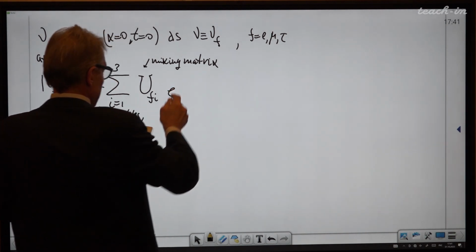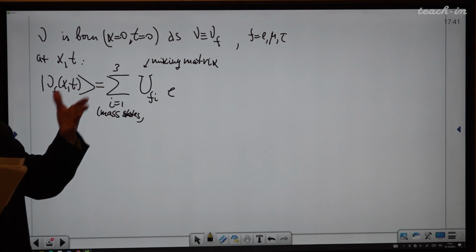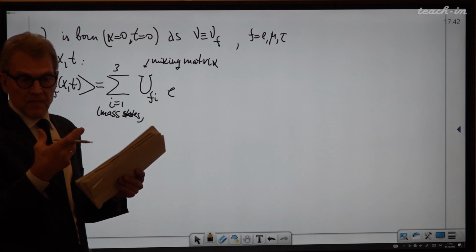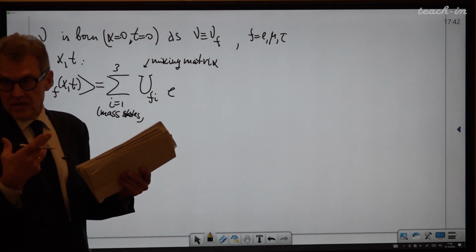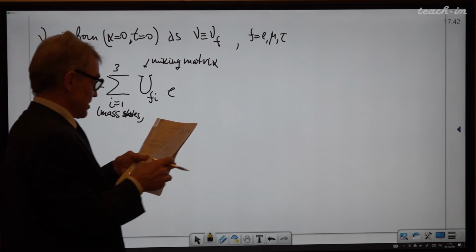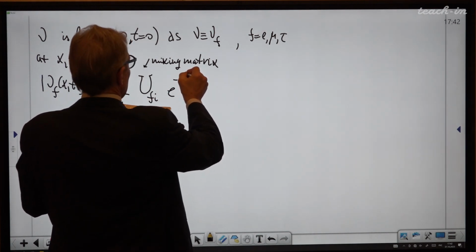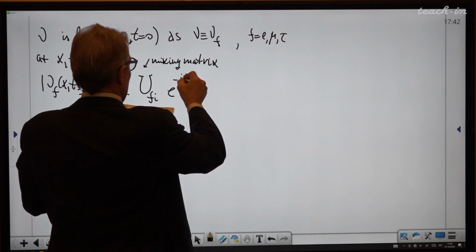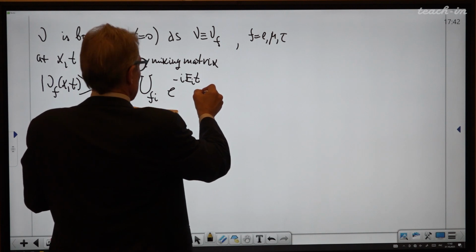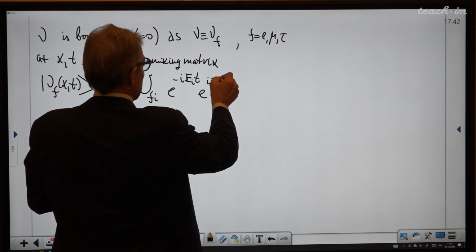Then we consider that neutrinos propagate as plane waves with a particular energy and momentum, because we can consider the propagation in space and time only for the mass states of neutrinos. Our flavor neutrino is a superposition of the mass states. So the mass states propagate with a particular energy, exponent of minus i E_i t plus i p_i x.